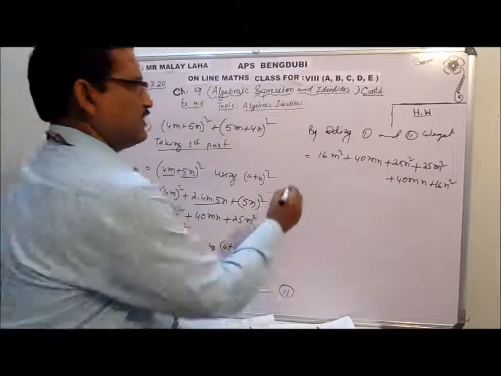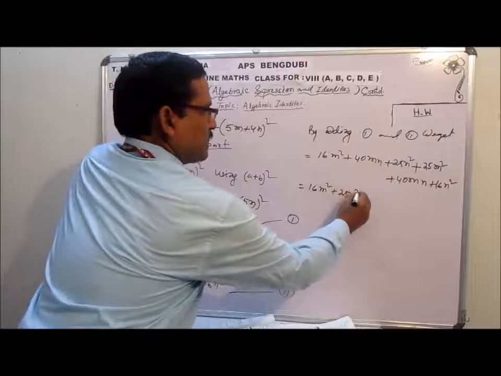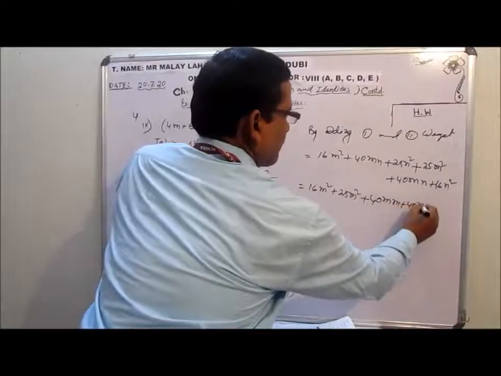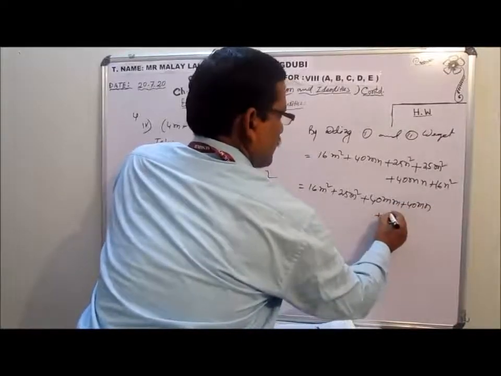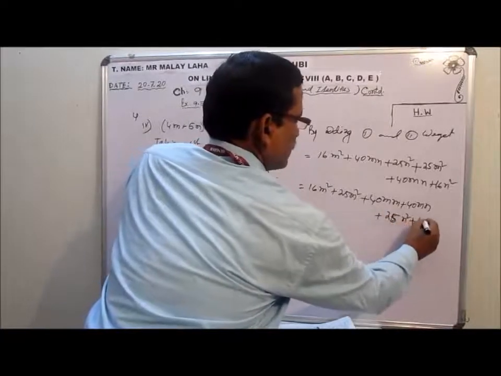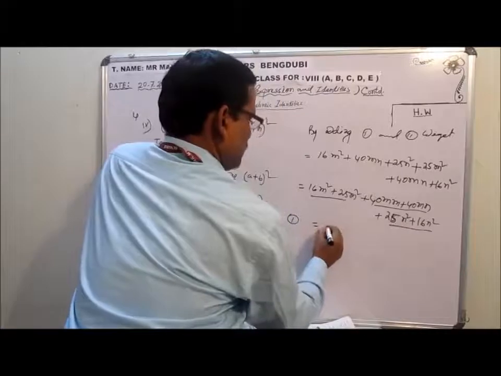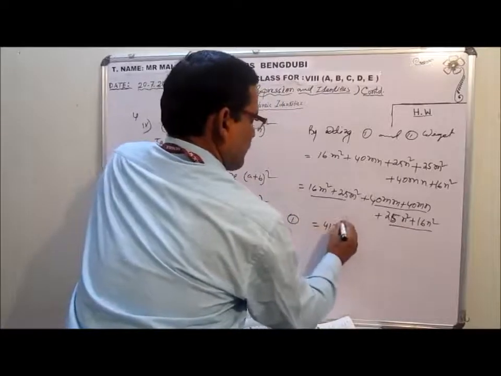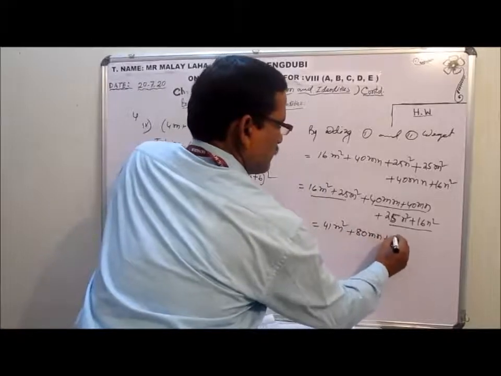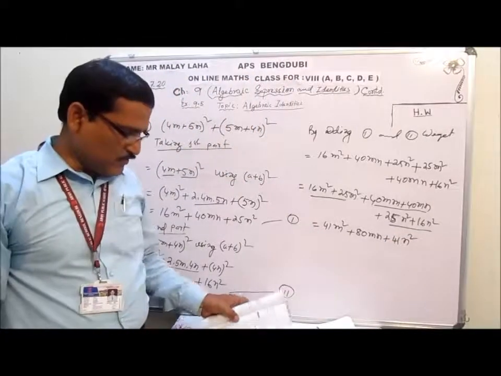Now you write down the like terms serially. 16m square plus 25m square, 40mn plus 40mn, plus 25n square plus 16n square. So what is the sum? I am getting 41m square plus 80mn plus 41n square. Understood?